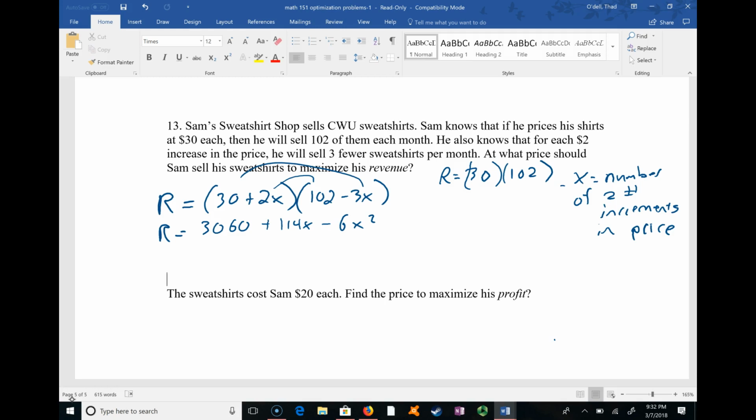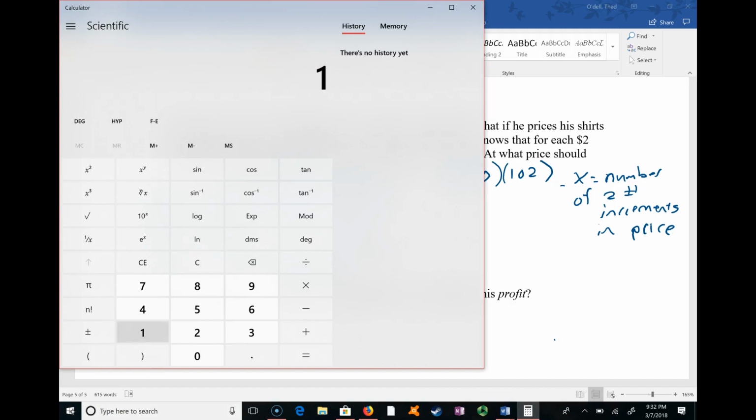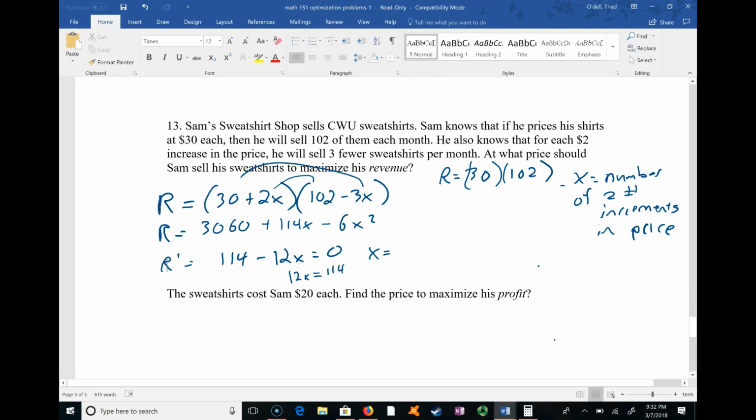So I would take the derivative. So r prime is equal to 114 minus 12x. Set that equal to 0, and we get 12x is equal to 114, or x is equal to 114 divided by 12, 9.5.